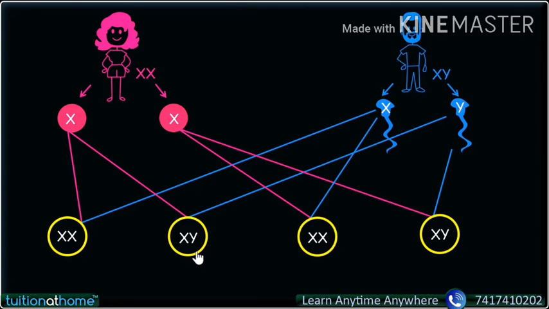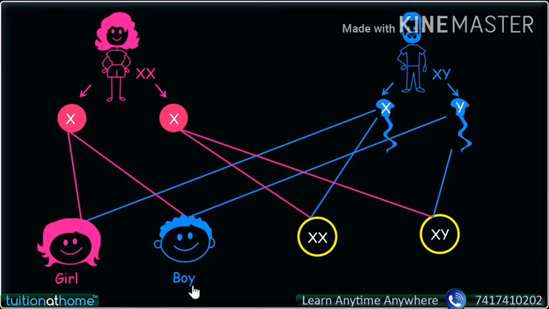If an egg containing an X chromosome fuses with a sperm containing an X chromosome, then it results in a zygote with two X chromosomes, and it will produce a girl child. When two X chromosomes are there, it will produce a girl child. And when one X and one Y is there, it will produce a boy child.